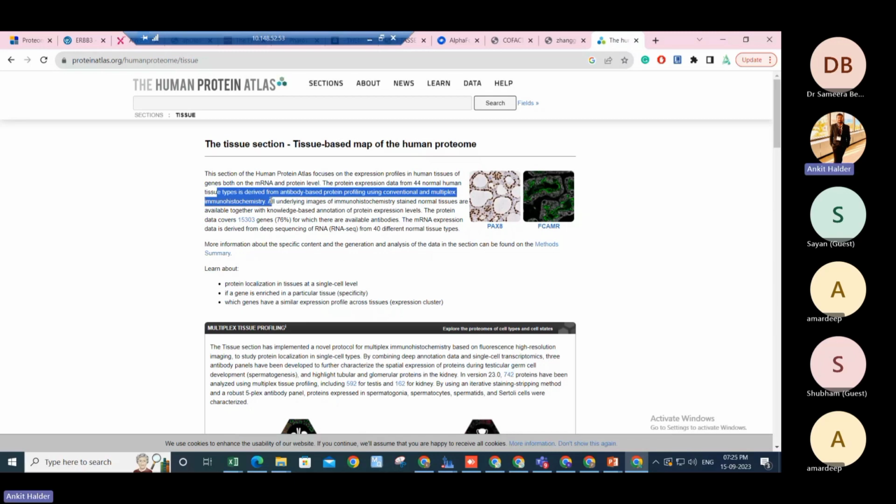If you want to understand the presence of a particular protein, whether you have an antibody or not, whether it has been explored, and what the expression level is at the tissue level, then you will definitely go and find out in the Human Protein Atlas.